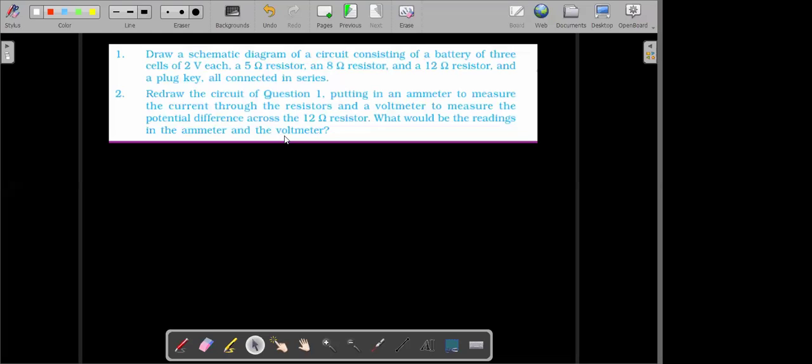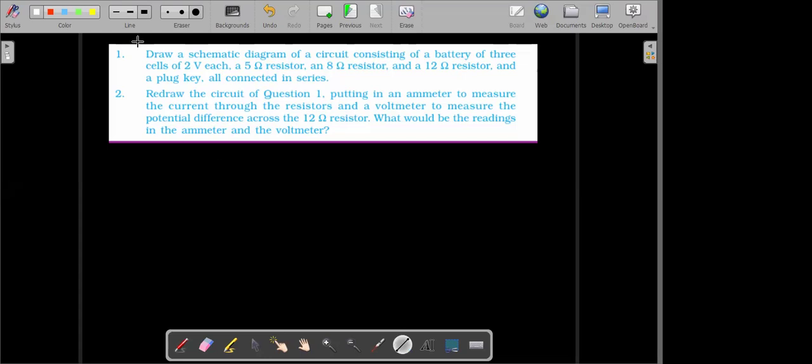Okay, so will you be able to do it? Yes, sir. Okay, draw the circuit. Your circuit should contain 3 cells.